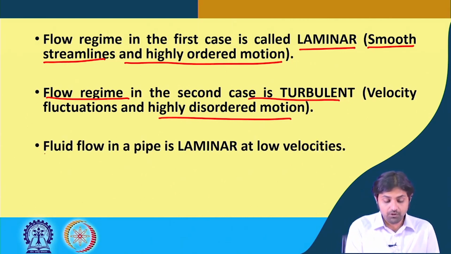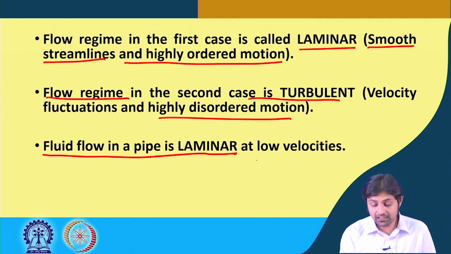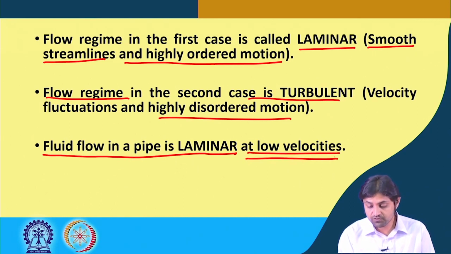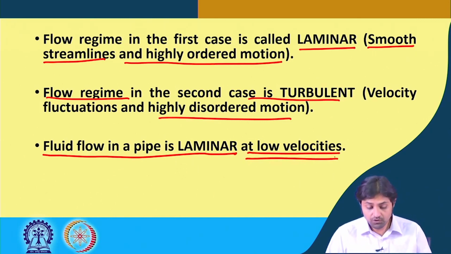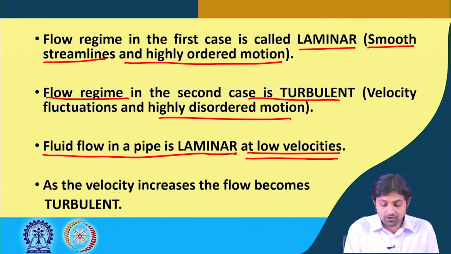So, what we observe is fluid flow in a pipe is laminar at low velocities. If the velocity is very low, the flow in the fluid can be laminar, okay, and as the velocity increases, the flow becomes turbulent.